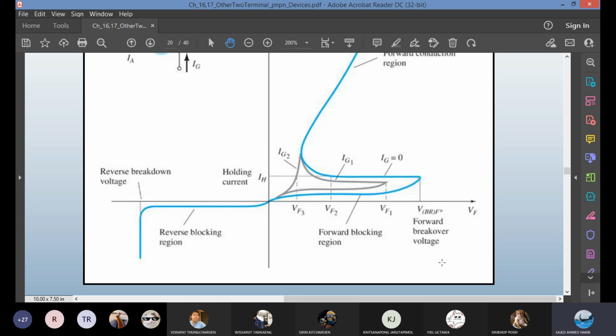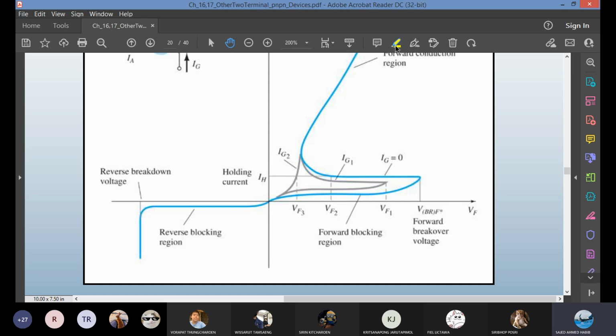Sometimes you might see in the graph VBRS, S for short circuit from gate to cathode, VBRR, which means there's a resistor from gate to cathode, and then you might see VBRV, fixed bias from gate to cathode. So after F, you might have letter VBRF and then others. You don't need to memorize that one. It's not written here, I just let you know.